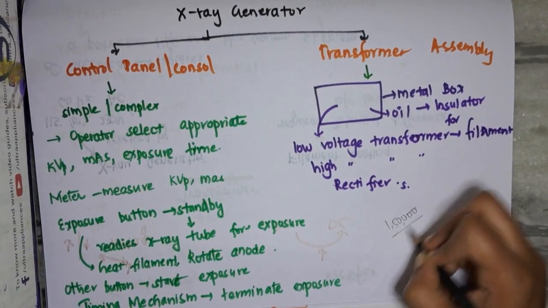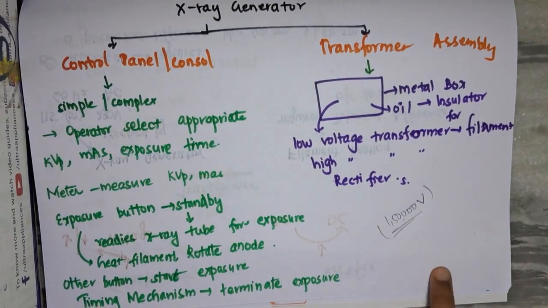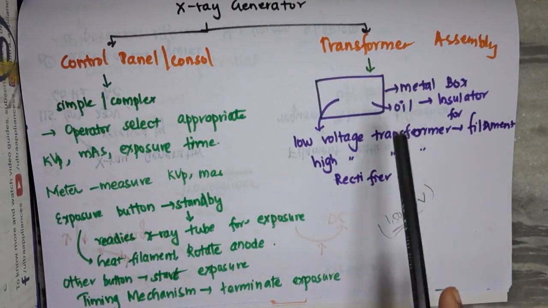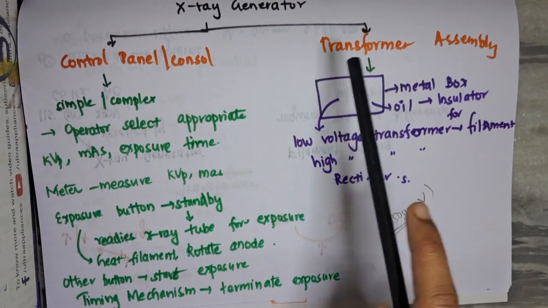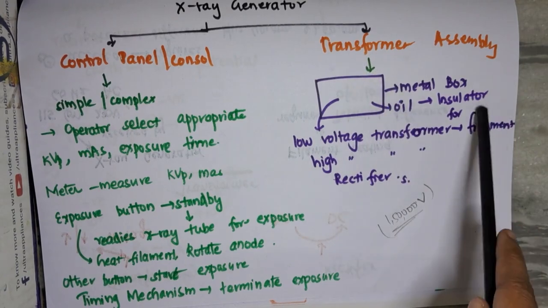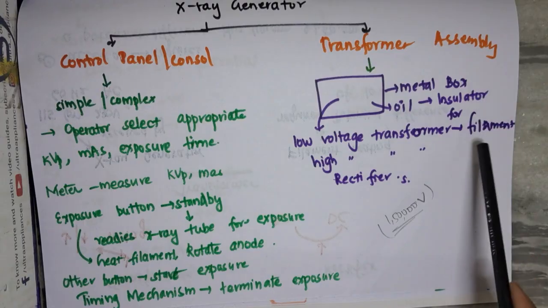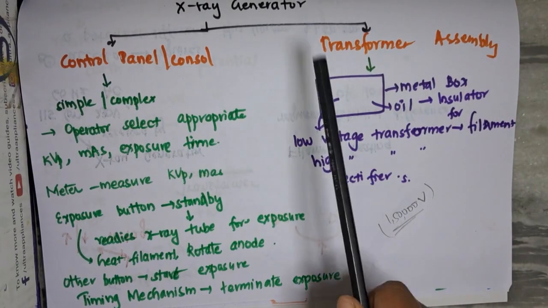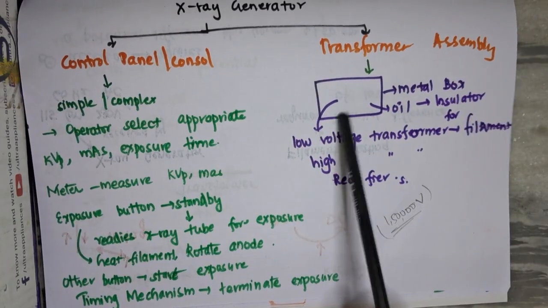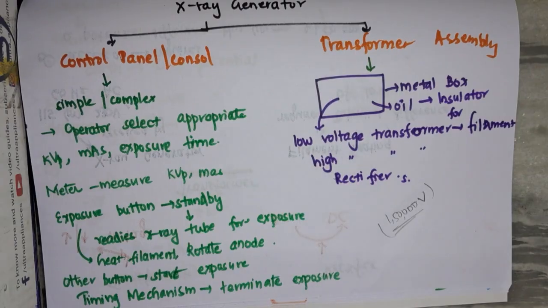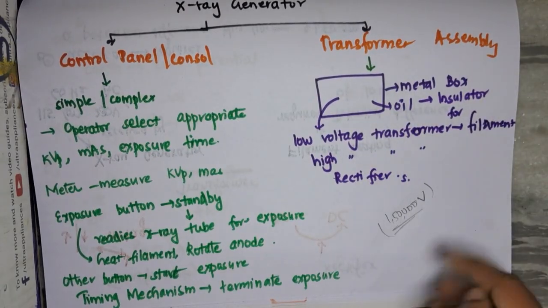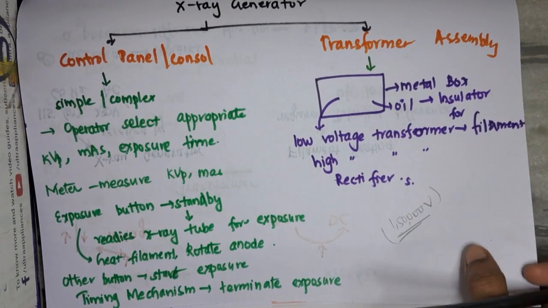Because 150,000 volts is applied to this transformer assembly, the whole circuit is immersed in oil, so that the oil serves as an insulator and prevents sparking between the components, because there are multiple components in the transformer assembly.